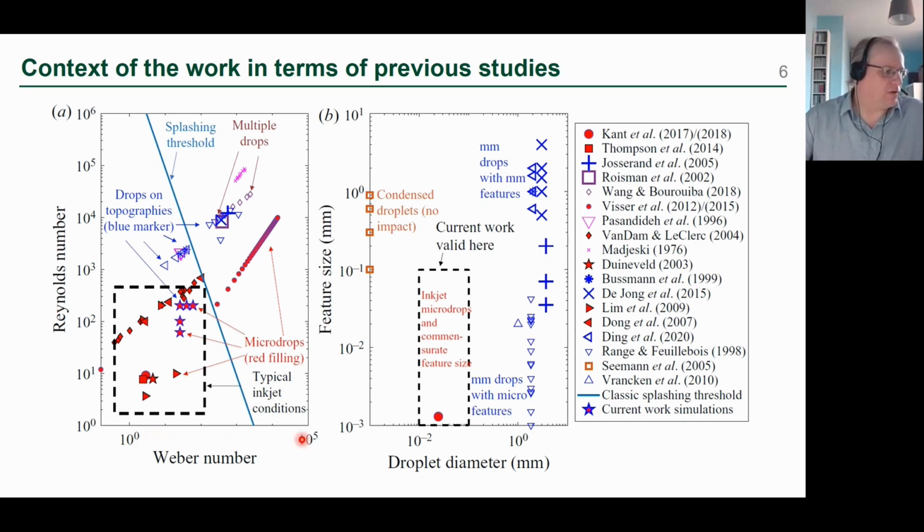So we have the Weber number here along the bottom axis and the Reynolds number, and there's a line here which indicates this is a theoretical line which shows where droplets would splash. So if you're above this line, you'd expect a droplet to splash when it hits the surface, and below that line the droplet doesn't splash.